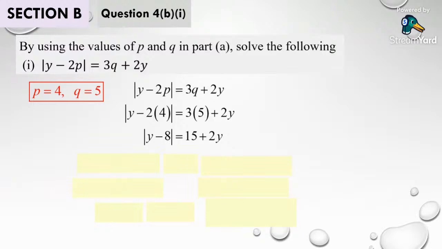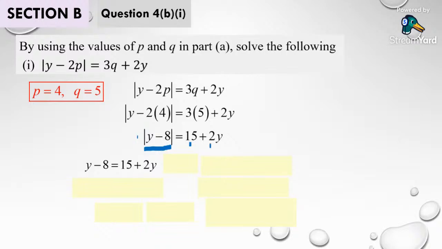So for this case here, for the modulus equation, I'm going to split it into two cases. The first case, I maintain the term, but of course I need to get rid of the modulus bracket. I maintain 15 and 2y.